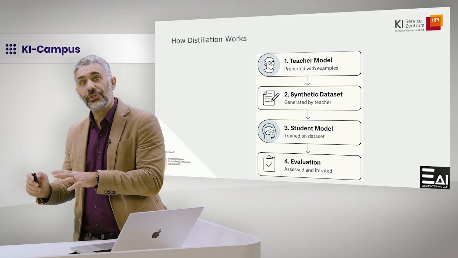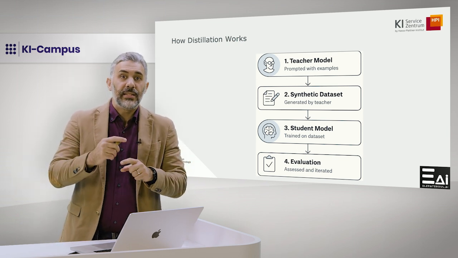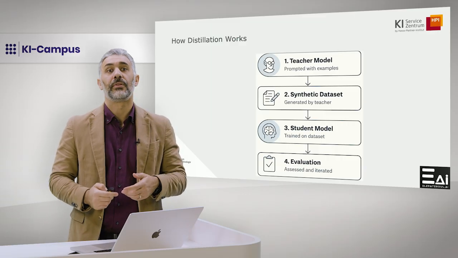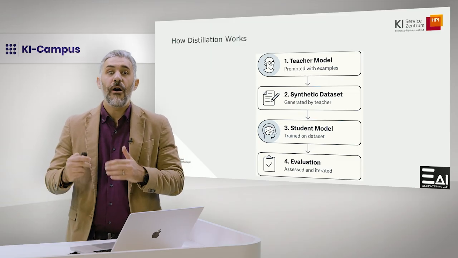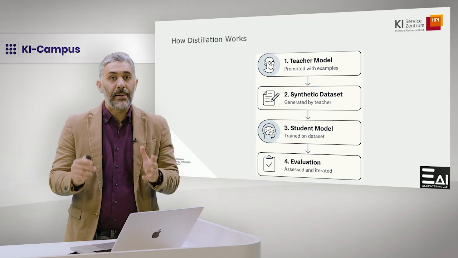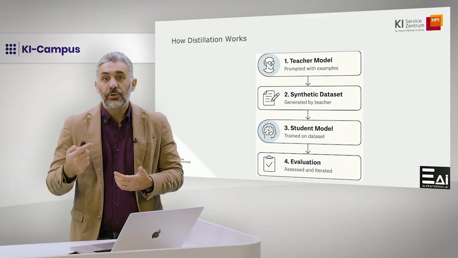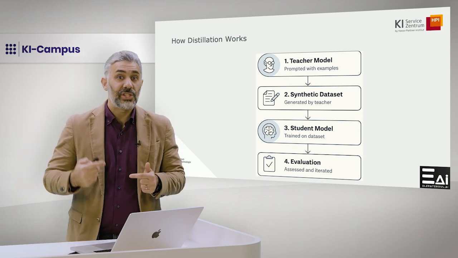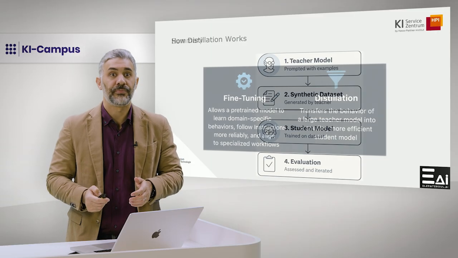Third, a smaller student model is fine-tuned on this synthetic dataset, learning to imitate the teacher's responses even though it has far fewer parameters. Finally, the student model is evaluated and iterated, often repeating the teacher-student loop to gradually improve quality. This pipeline makes it possible to obtain a lightweight model that closely mirrors the behavior of a much stronger system, a practical advantage for agentic systems that need to run efficiently on local or resource-limited environments.